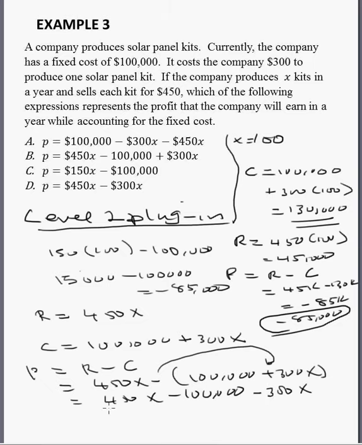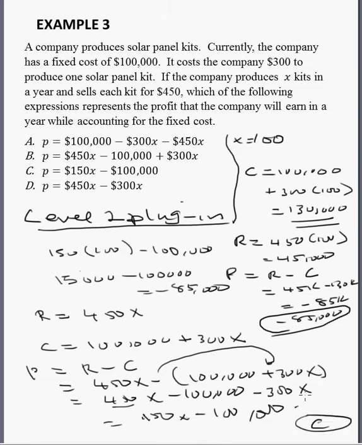Now as you can tell, I have 450x minus 300x, which gives me 150x minus 100,000, and that happens to be the answer choice for C.